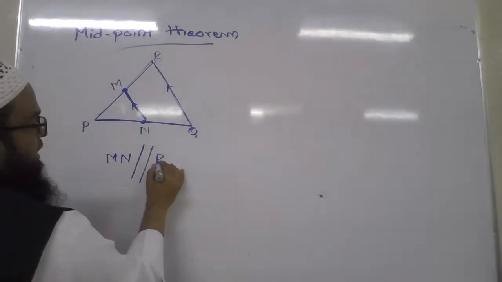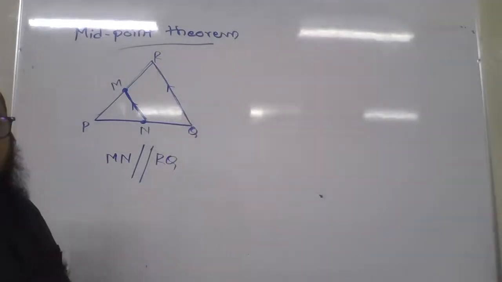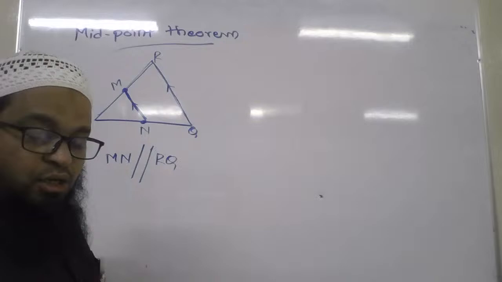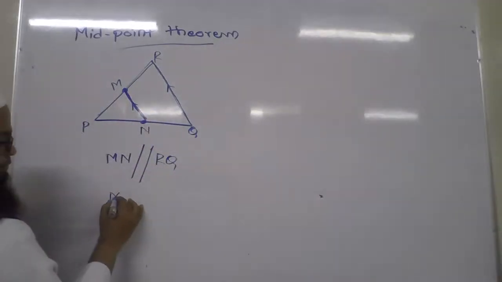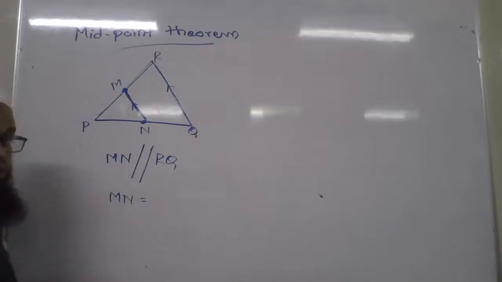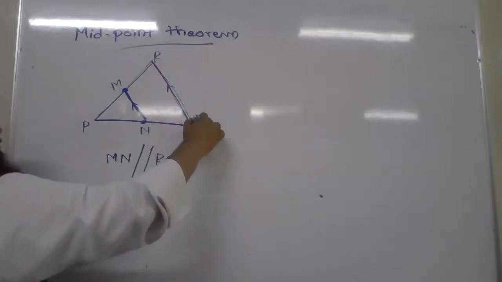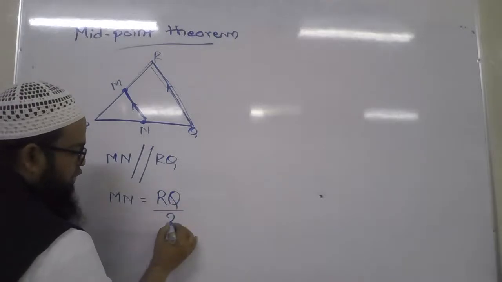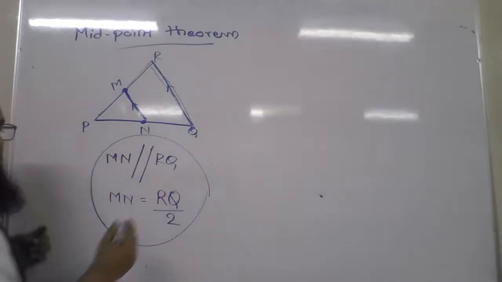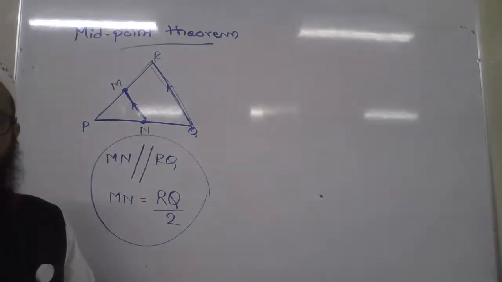The third side, RQ. Okay, MN is parallel to RQ. And the next thing is MN is equal to half of the third side. That means RQ divided by 2. Everybody understood? So this is midpoint theorem.